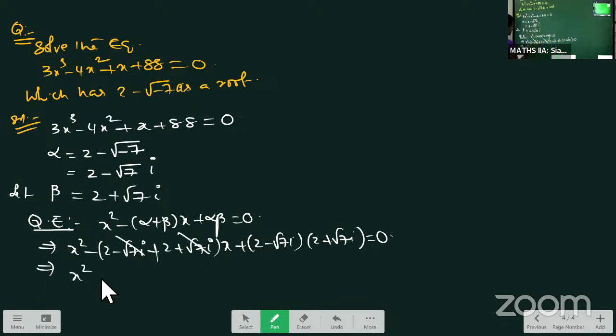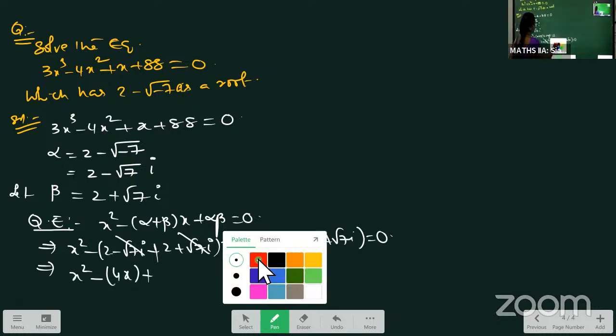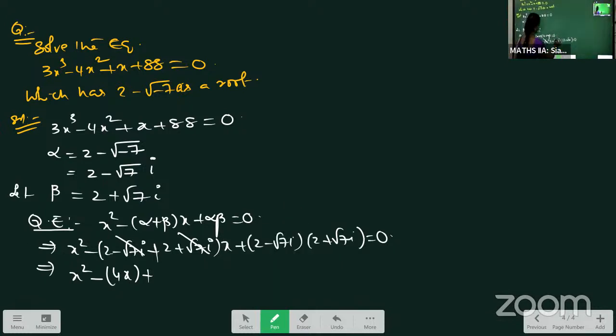Then x square minus 2 plus 2, that is 4x, plus again, this is in which form? A plus b into a minus b form. This is in the form of a minus b into a plus b. How can we write this as a square minus b square?